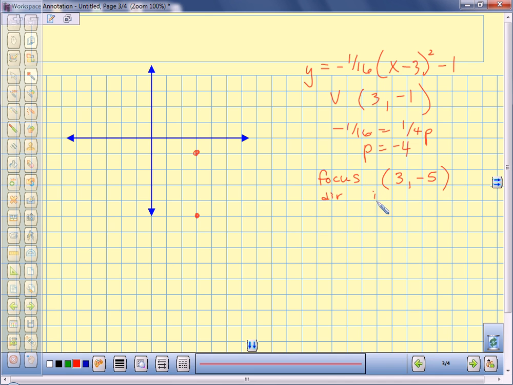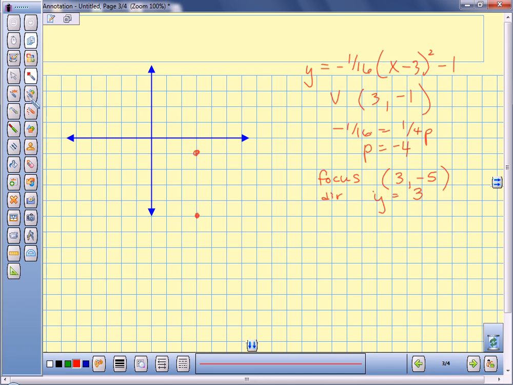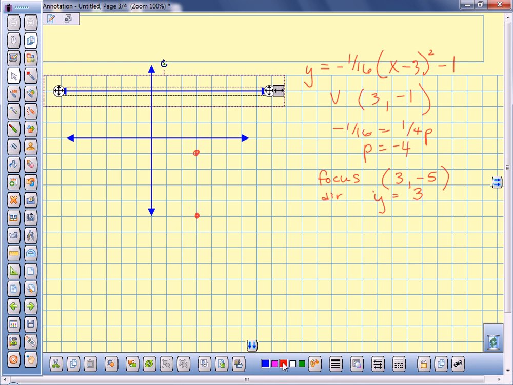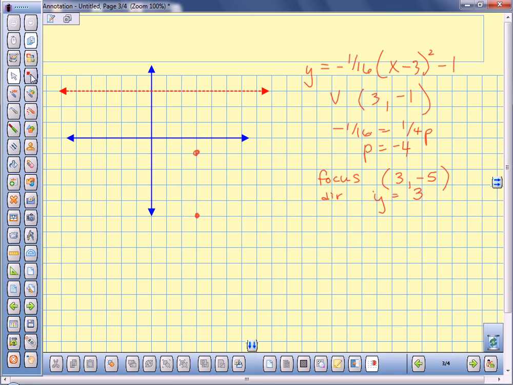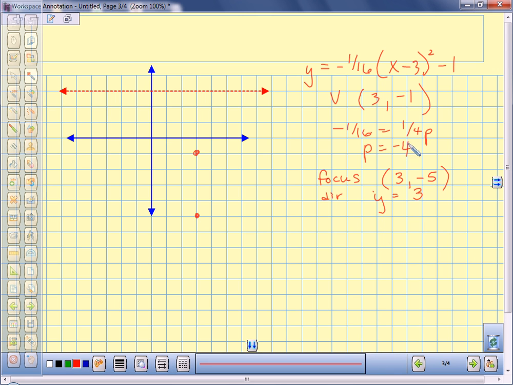Whoops, change color and make it dashed. All right. Now, if we look at this, if we do 2p, we're going to go 8 units in either direction. 1, 2, 3, 4, 5, 6, 7, 8.